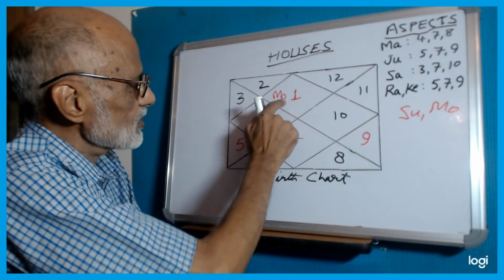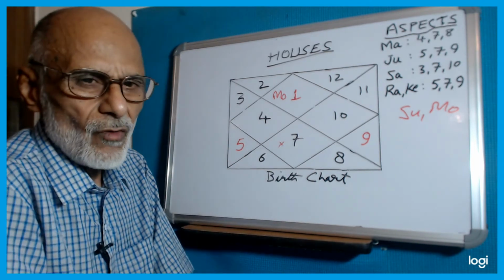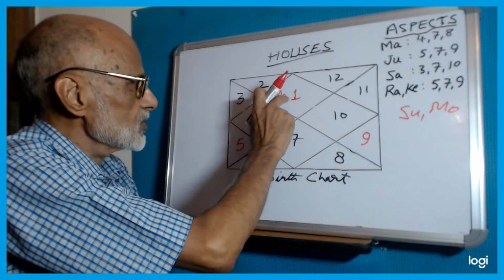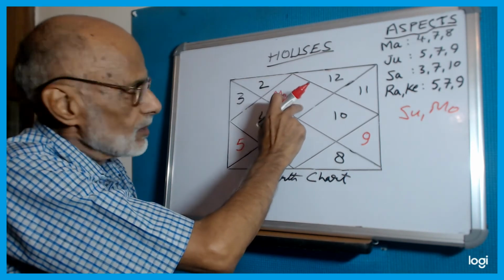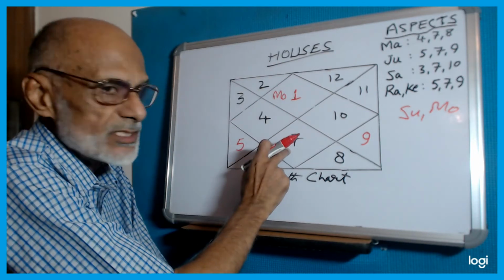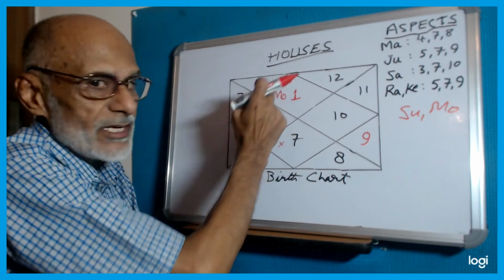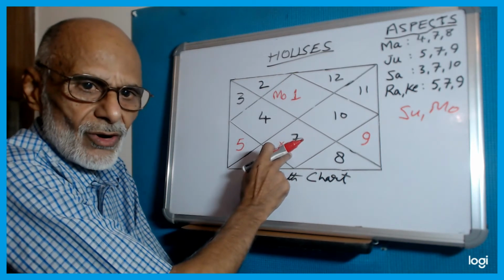So the moon is casting its aspect on this house. Now what does it mean? It means the moon is sitting here in the ascendant, so it is influencing this house, but it is also influencing the 7th house because of its aspect. It is throwing its effect on the 7th house also.